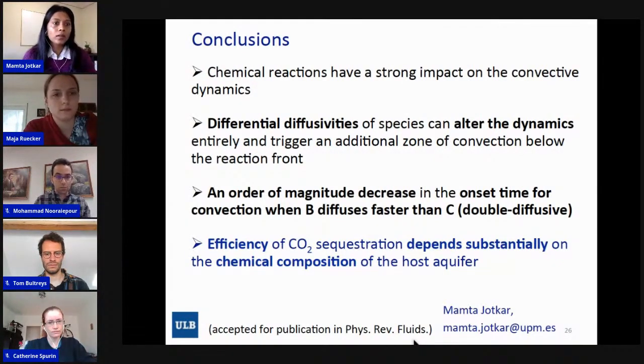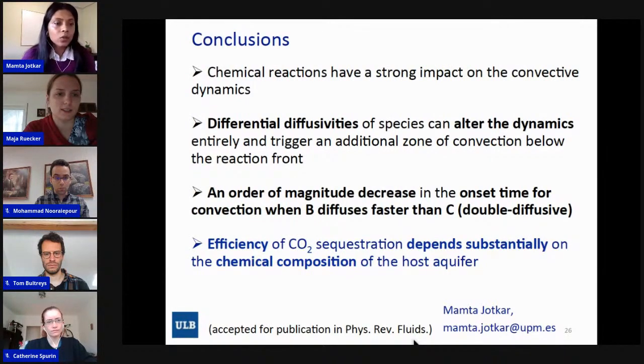So my point is that the chemical composition of the aquifer would be an important criterion in selecting the storage site. Okay. So which storage site would you look for? What characteristics should the storage have?